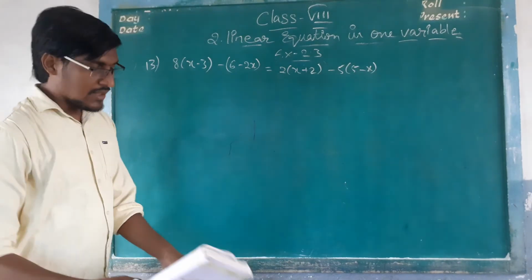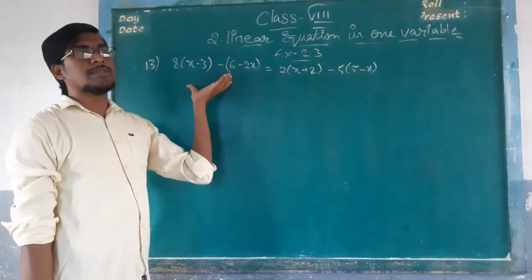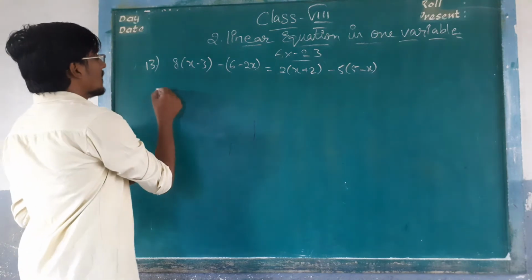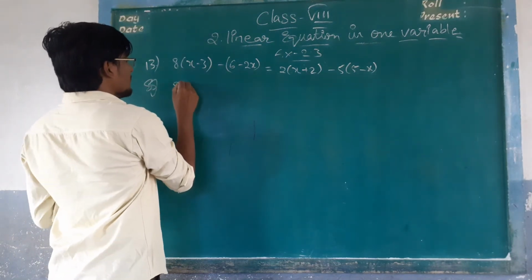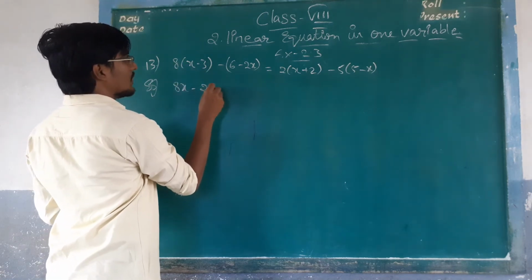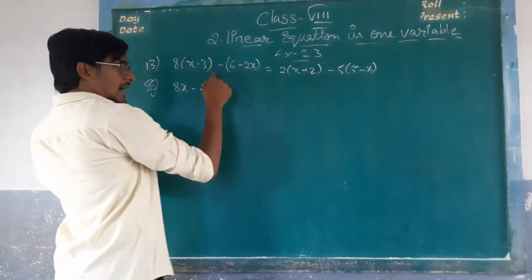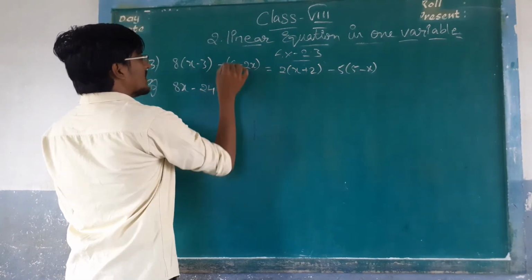Okay, so here is a variable x. So first of all we have to simplify this equation. First of all, a into b plus c, that is ab. 8x, minus into plus is minus, 8 threes are 24. Next, minus, here there is no value, so we put minus 1.